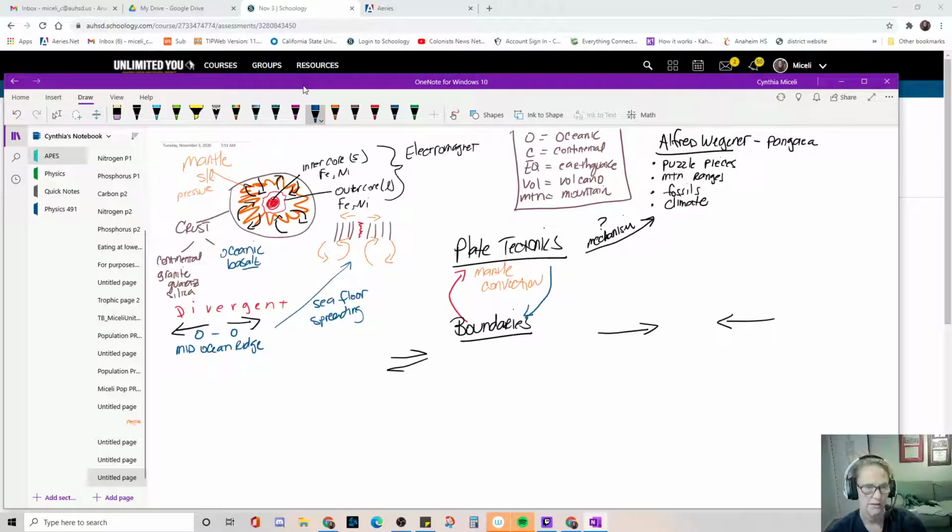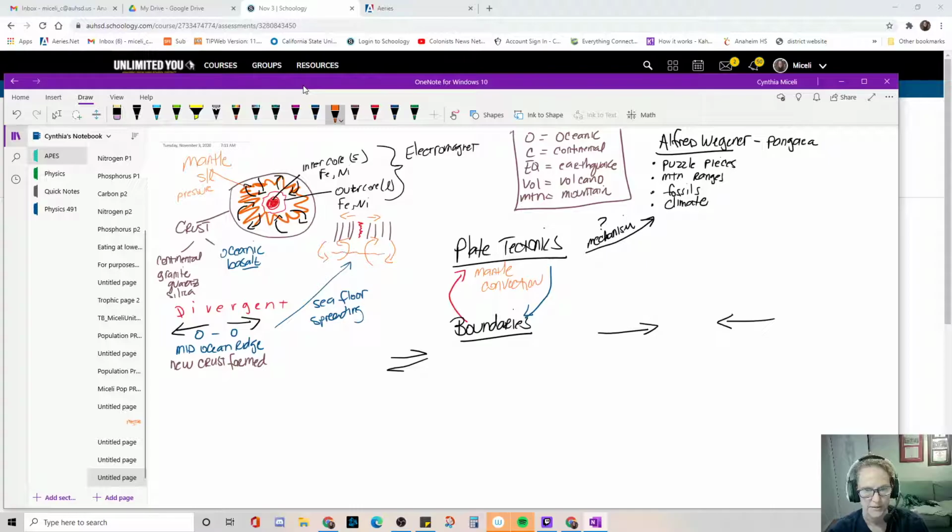And literally, that is where new crust is formed. We get new crust formed. So it's nice, thin, new crust of the earth. And so this lava comes out, it hits the ocean water, it cools and it solidifies, and it spreads apart at this divergent boundary.